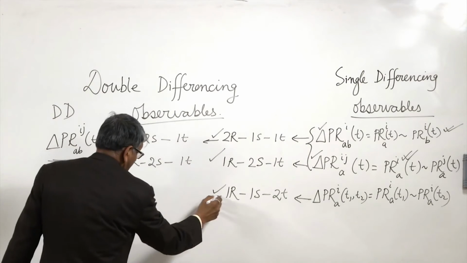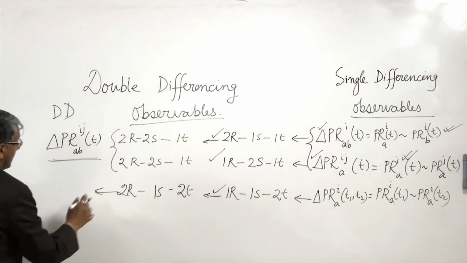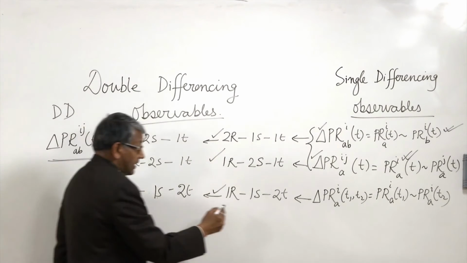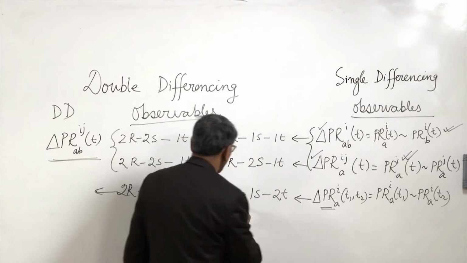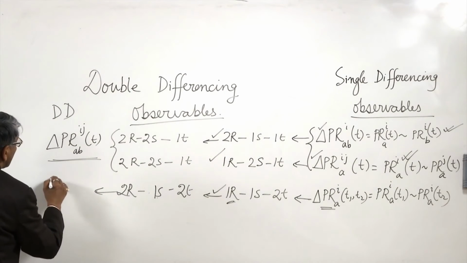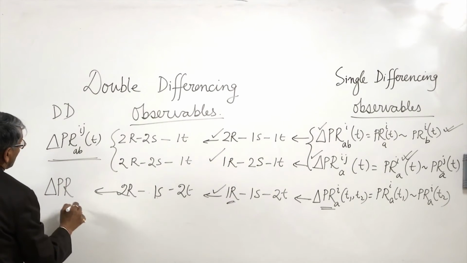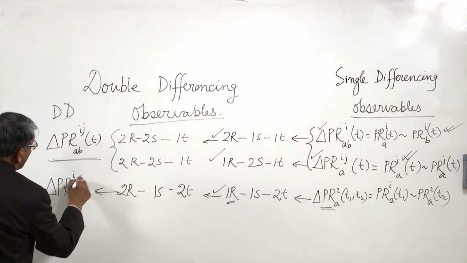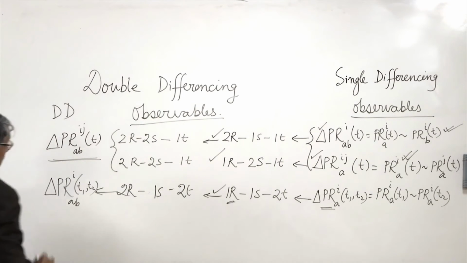And if we take this one for two receivers, we will end up with the double difference observable AB I T1 T2.